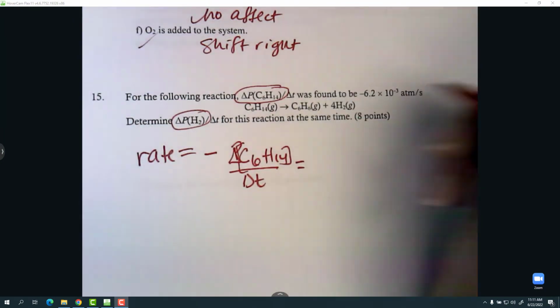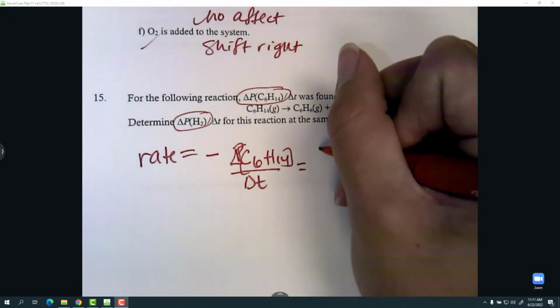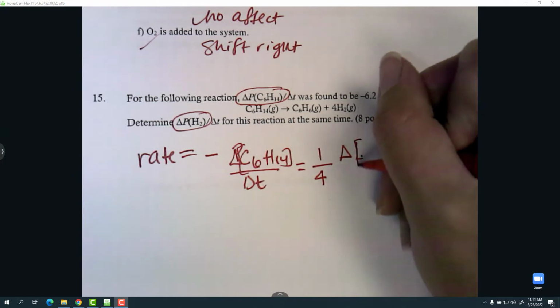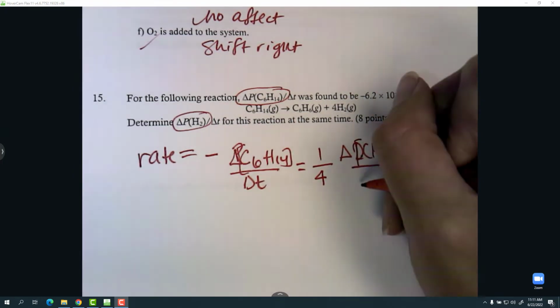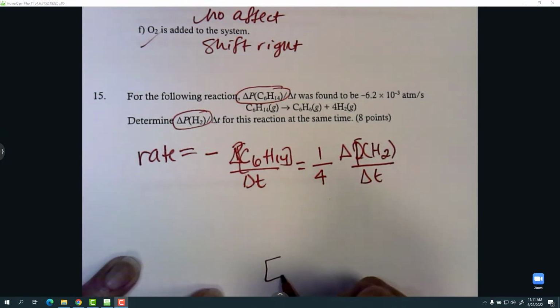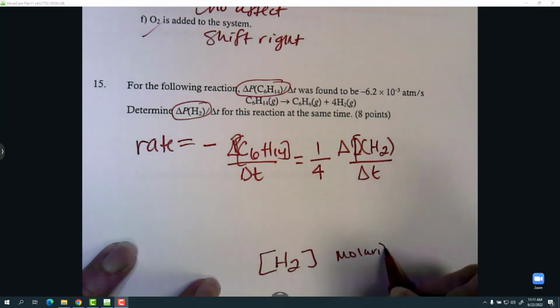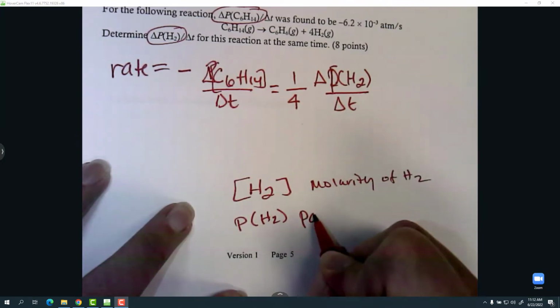That's equal to, okay, so this is a product, so it's a positive. 1 over the stoichiometric coefficient, so 1 over 4. Change in partial pressure of H2 over delta T. So remember, that's concentration, molarity. And this is partial pressure.